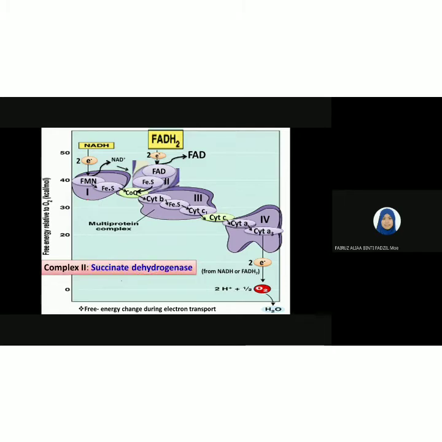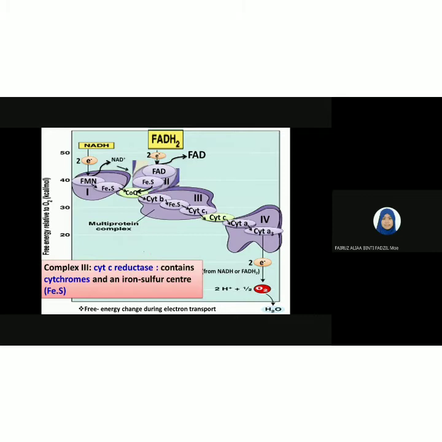Okay, next one, we have complex 2. You can see here, complex 2 contains FAD and iron sulfur center. Complex 2 is also known as succinate dehydrogenase. If the question asks you what is the name of complex 2, the answer is succinate dehydrogenase, or easily said, complex 2.